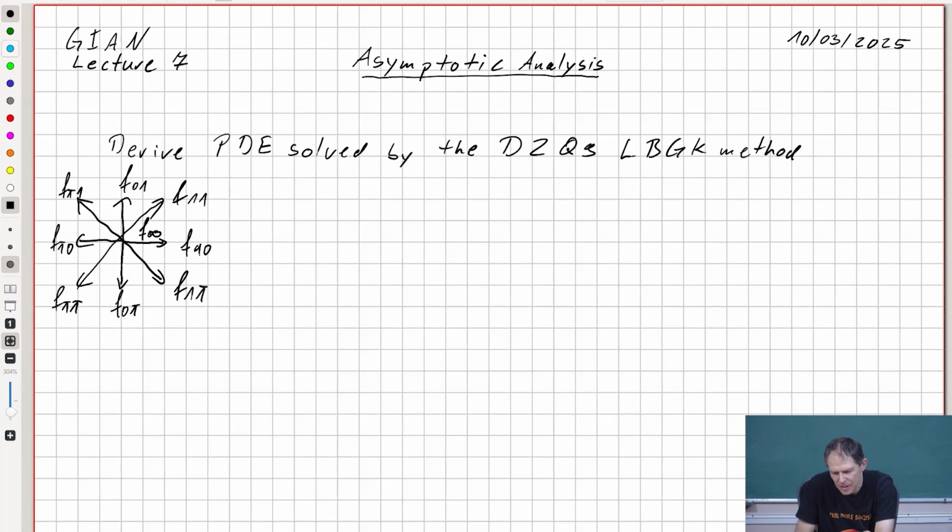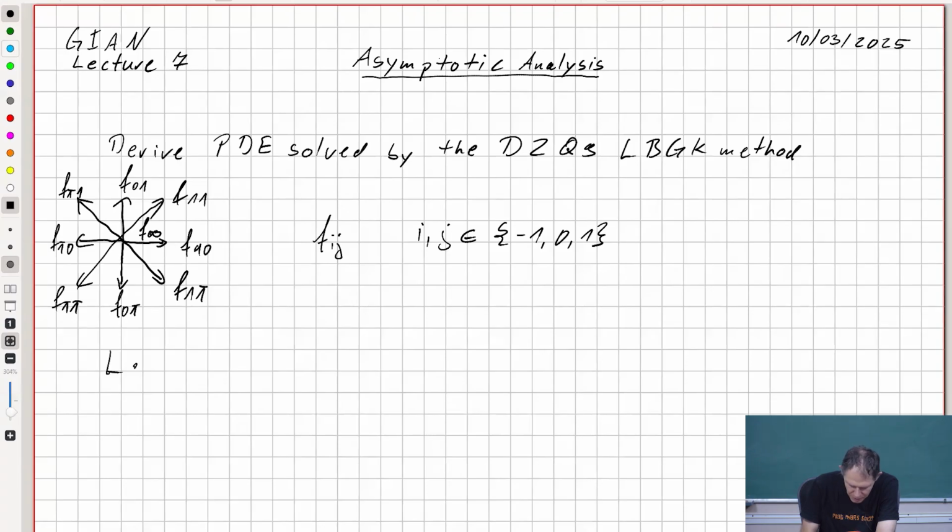So this is the notation that we always use with Miller indices, and we use two indices, f_ij, with i and j being the elements in minus 1, 0, and 1. So a few things we have already seen, how we do the derivation, but today we'll do it with more precision.